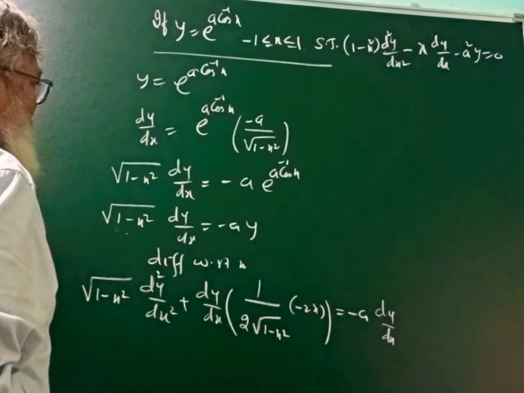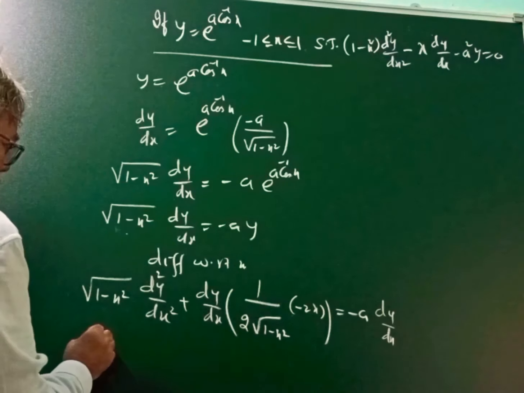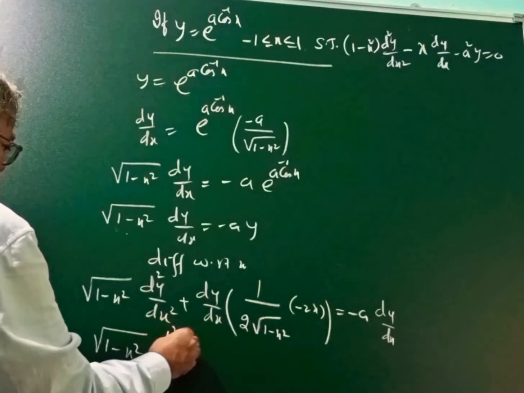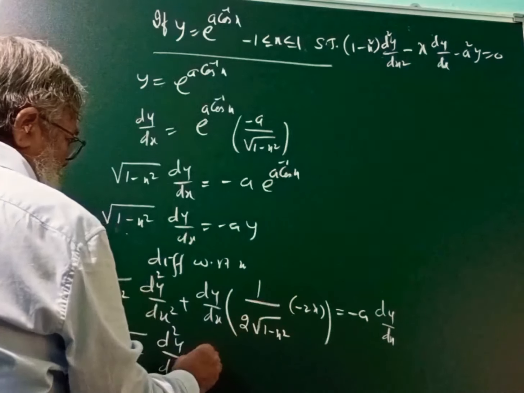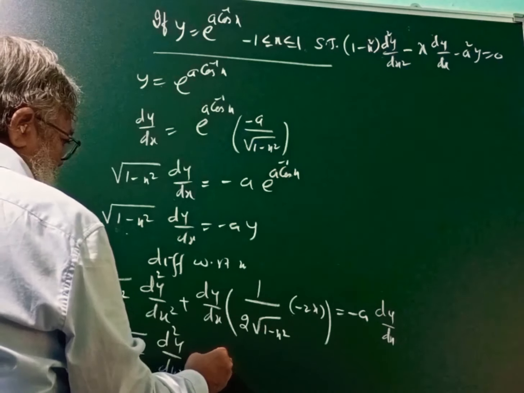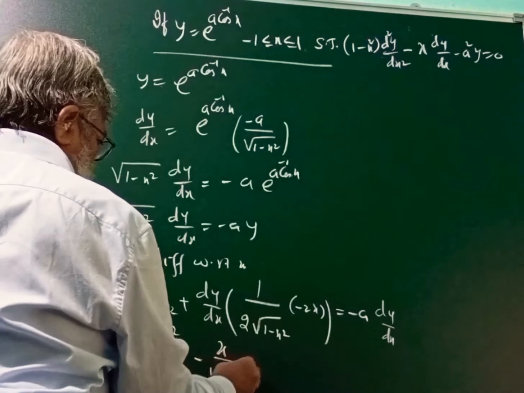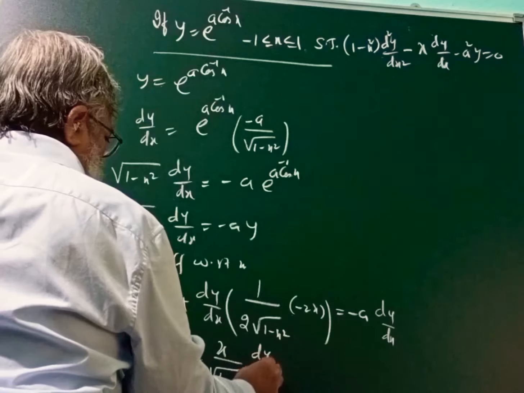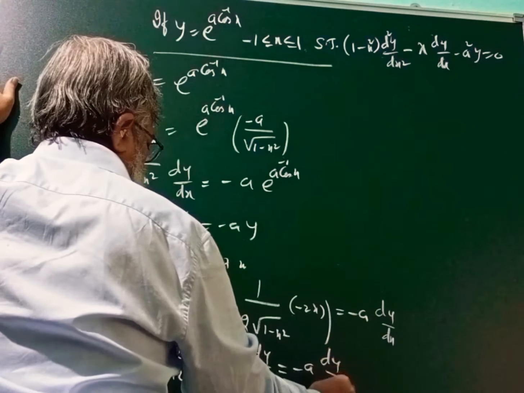Let us write one more step: 1 minus x square into d square y by dx square, 2 cancels with 2, minus x by under root 1 minus x square into dy by dx is equal to minus a into dy by dx.